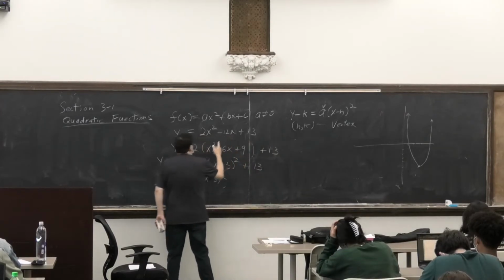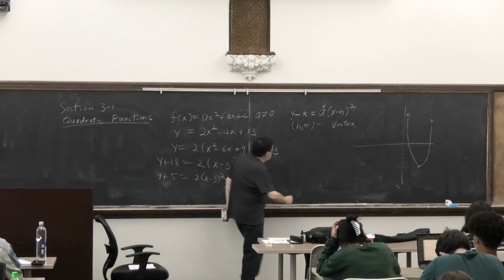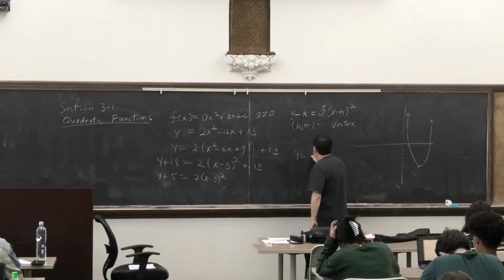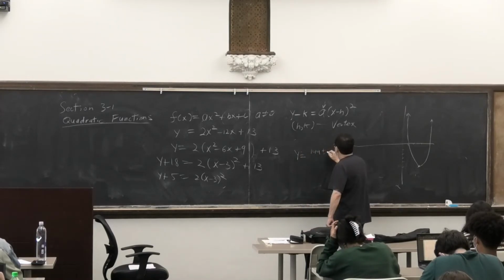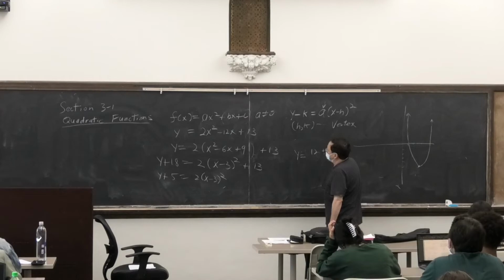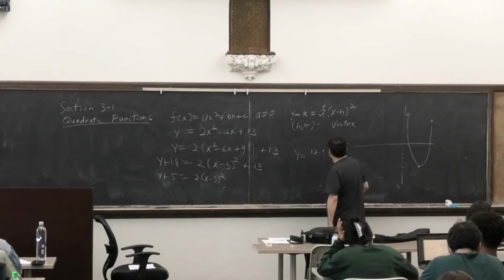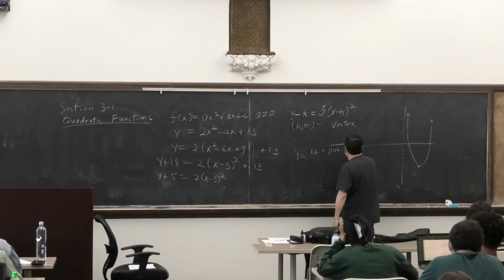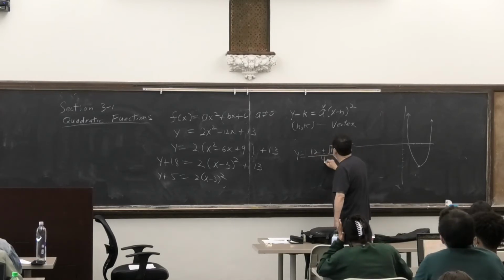And if we solve this using the quadratic formula, 12 plus or minus the square root of 144 minus 4ac, that's 8 times 13, 104, over 4.